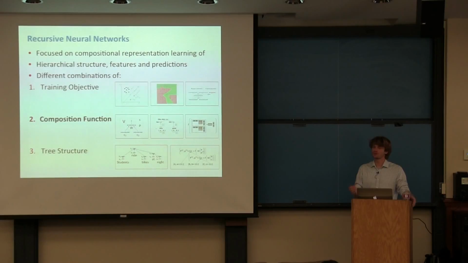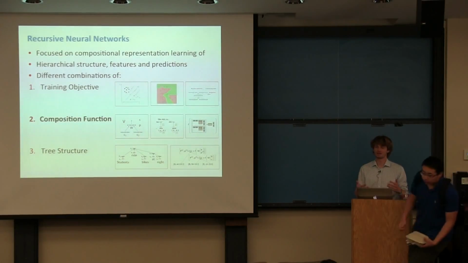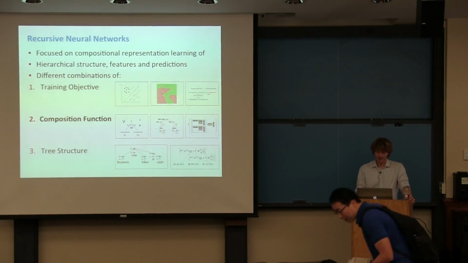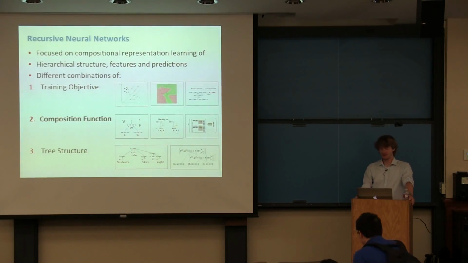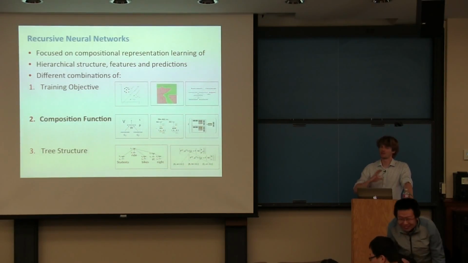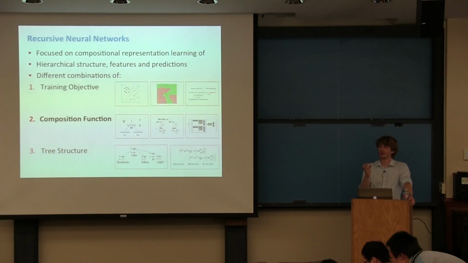In the case of recursive neural networks, we're literally talking here about linguistic composition. But in general, you have different types of functions available for computing a hidden state. The simplest one is just a one-layer neural network or a two-layer neural network. Those are some kinds of composition functions. And this is the main focus of today's lecture, really capturing different kinds of composition functions, understanding how you can creatively play around with these kinds of models.